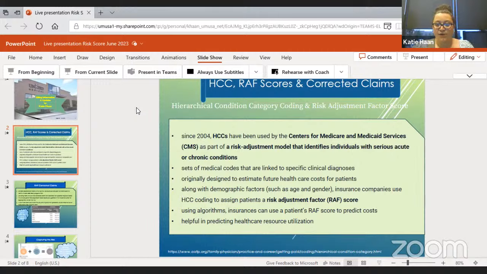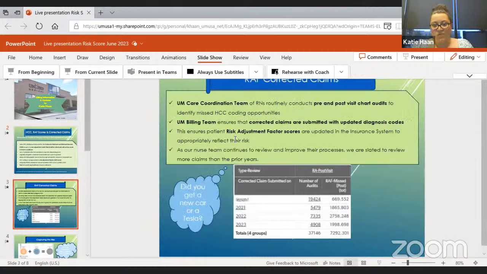There are sets of codes that get assigned a risk factor for a specific patient. So if a patient has no conditions versus if they have multiple conditions such as diabetes and morbid obesity, all of these are going to have a risk factor that the insurance then uses to calculate how much that patient is going to cost or how often they would actually cause costs in the hospital.